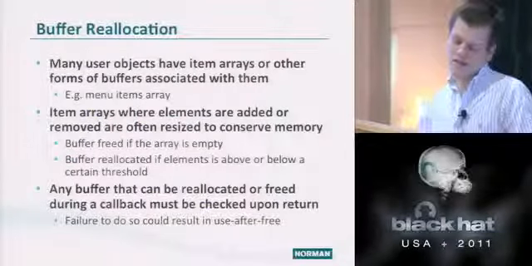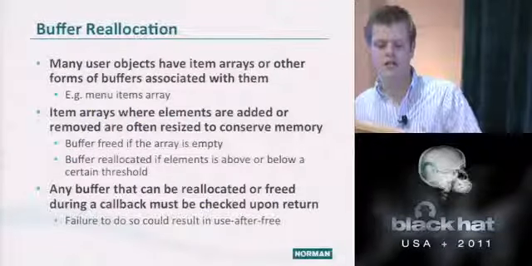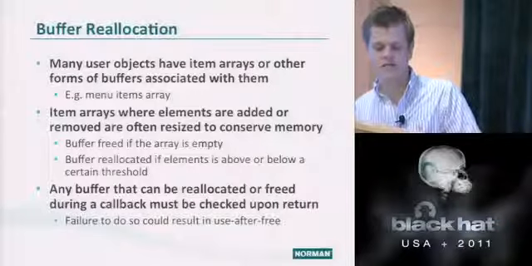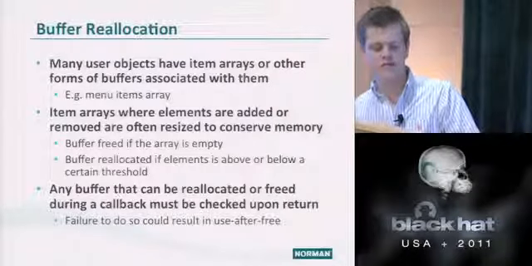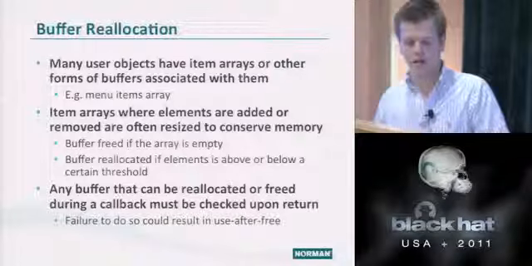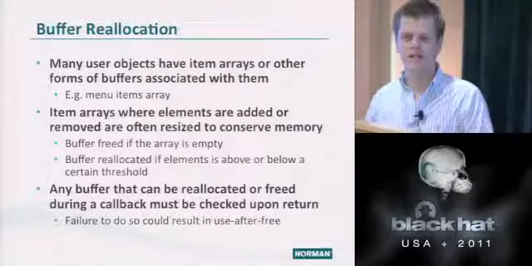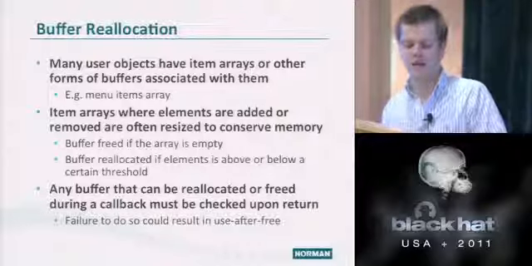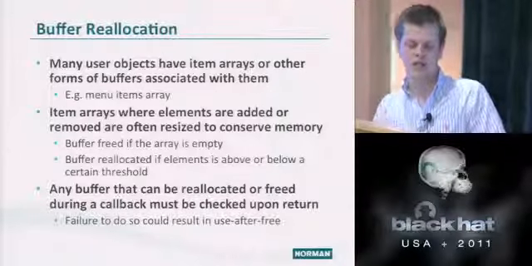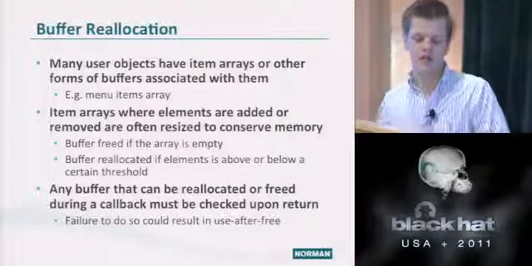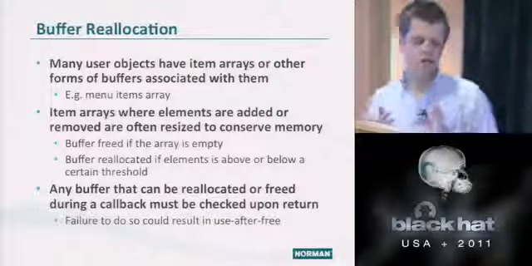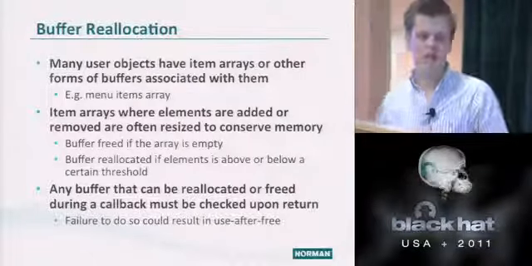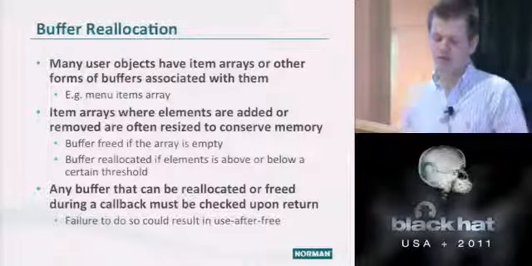Another class is buffer reallocation. Many objects have item arrays associated with them, and these are dynamically sized buffers. For instance, we have menu item arrays, where when you insert an item, for a certain threshold, it will reallocate that memory to conserve memory.